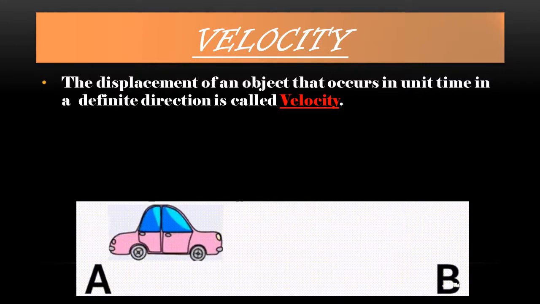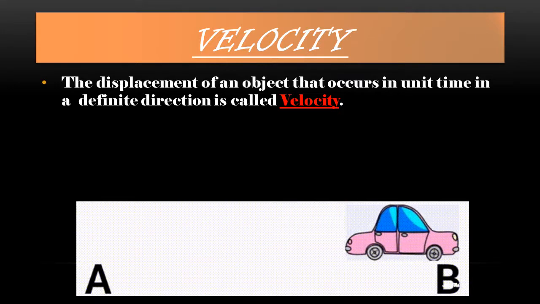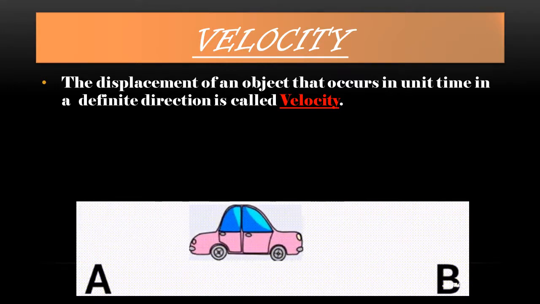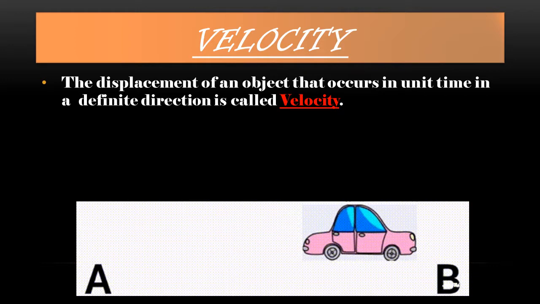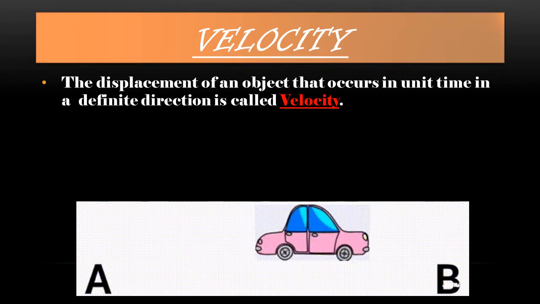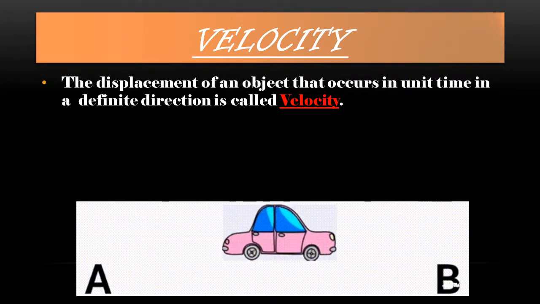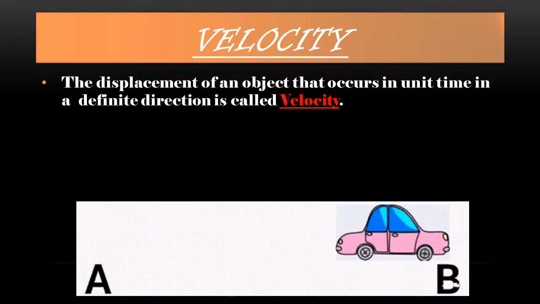So velocity is related to displacement of an object that occurs in unit time. Again, the unit time can be any time, like 1 second, 1 minute, 1 hour. So it is displacement of an object in a unit time with a definite direction. This is called velocity.